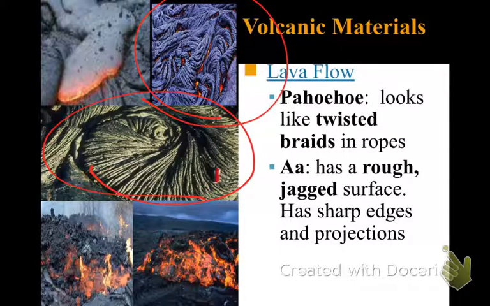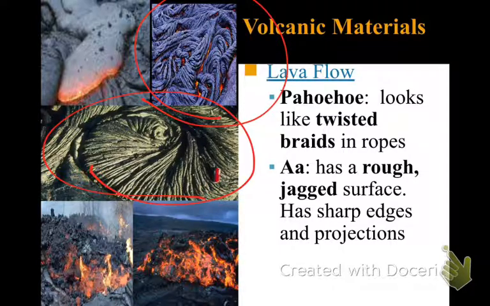The crystals form, because that would be a little bit more like an intrusive igneous rock, because it was much thicker, which I'll explain in just a second, and so it cooled much slower, and it gave time for those large crystals to form. So as you pass around that lava, just take note of those two things and then pass it to the next person. So the Pahoehoe is the twisted braided one, and the AA is a very rough, jagged type of lava. That's what you see in these bottom two pictures.